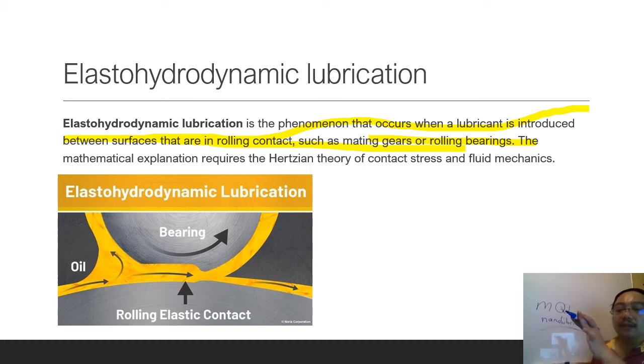In that video, I explained a little bit about electrohydrodynamic lubrication. It is for rolling contact such as mating gear and rolling bearing. Okay, in rolling bearing, there is the type of bearing that uses grease for rolling contact.